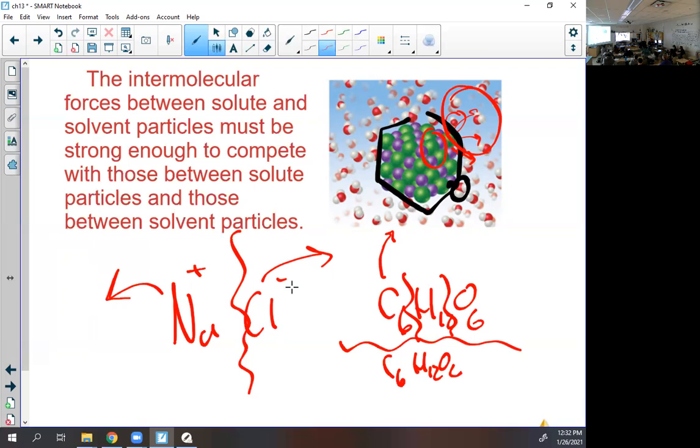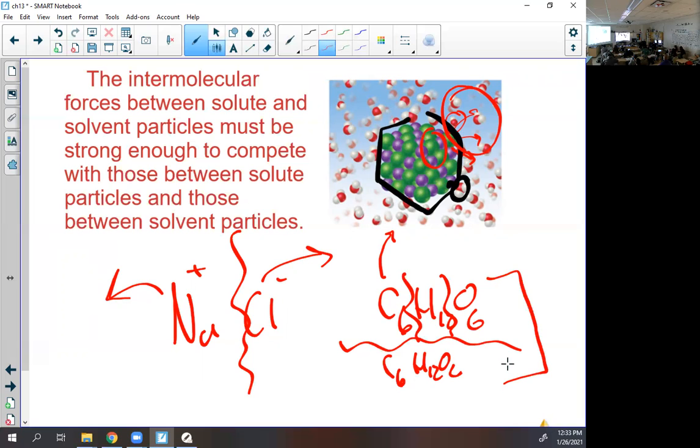All right, so when we talk about an ionic substance dissolving, we're really also talking about dissociation. So that would be sodium chloride. If we ever talk about something nonpolar, it is not breaking into its parts, it's just separating into smaller parts.